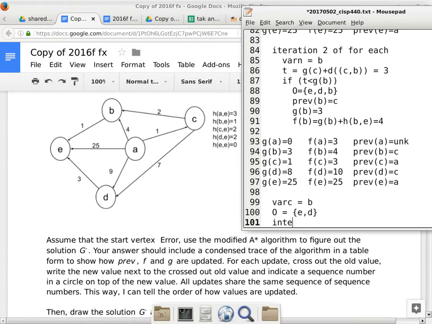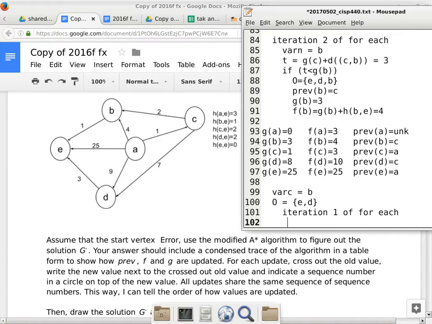So we say iteration 1 of the for each loop. The for each loop inside the while loop is to explore all the neighbors, in this case of vertex B. Vertex B only has one single neighbor, which is E, so we'll take a look at that.